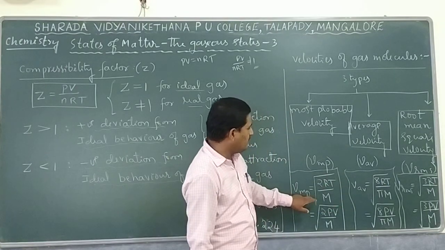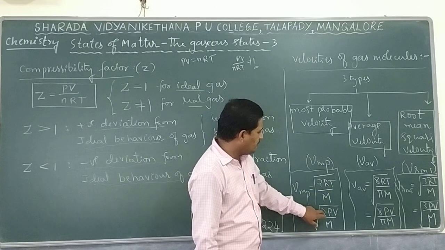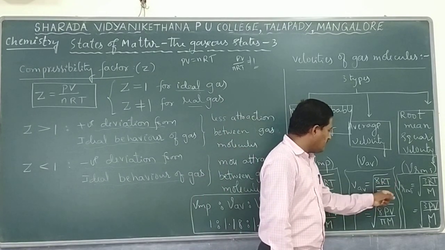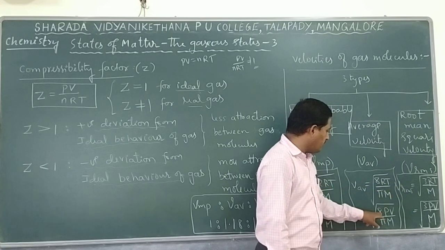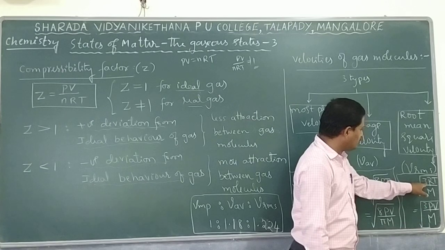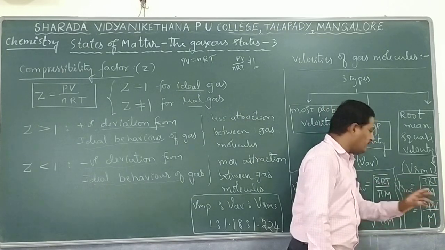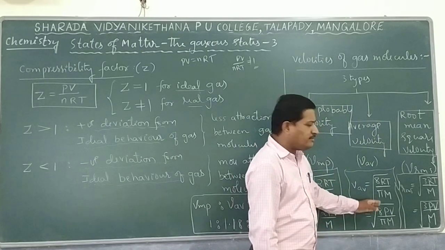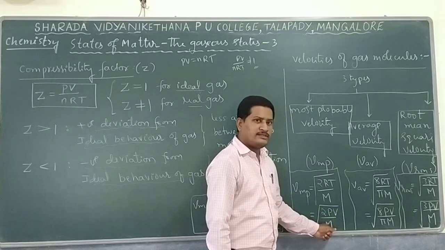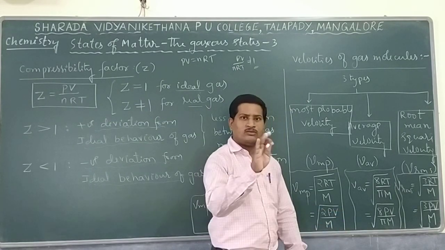So most probable velocity is square root of 2RT divided by m, or square root of 2PV divided by m. Similarly, average velocity is square root of 8RT divided by pi m, or square root of 8PV divided by pi into m. Similarly, RMS velocity is whole square root of 3RT divided by m, or whole square root of 3PV divided by m. And this also can be written in terms of density. You know, mass by volume is nothing but density, and volume by mass is nothing but 1 by density.